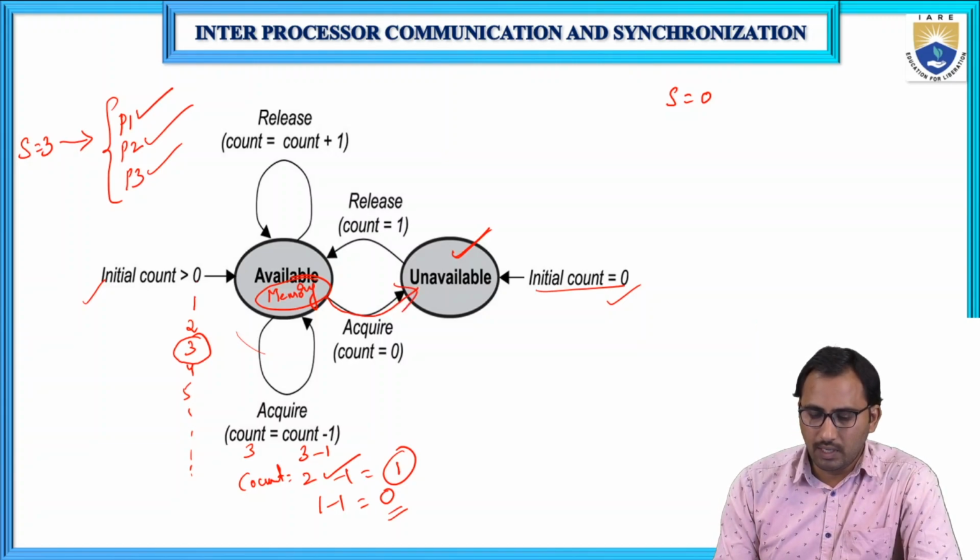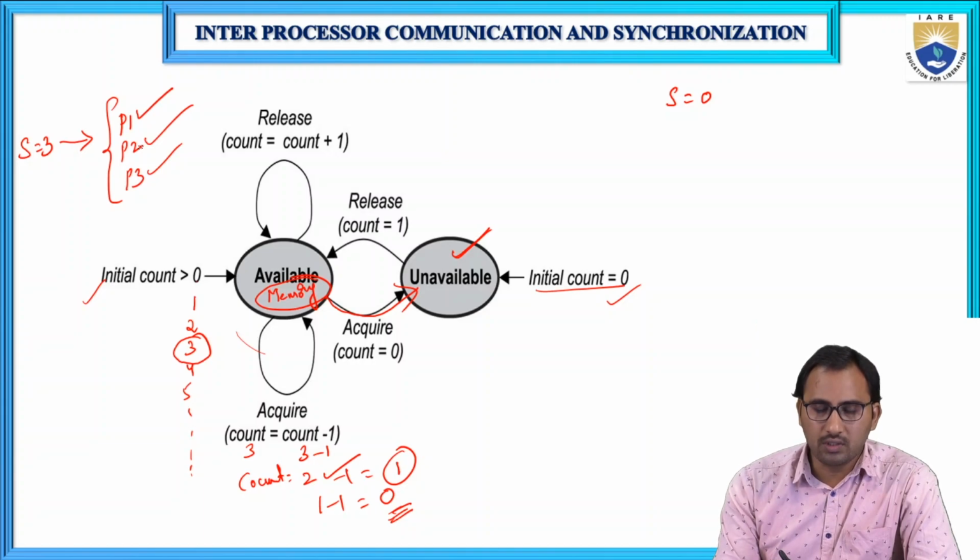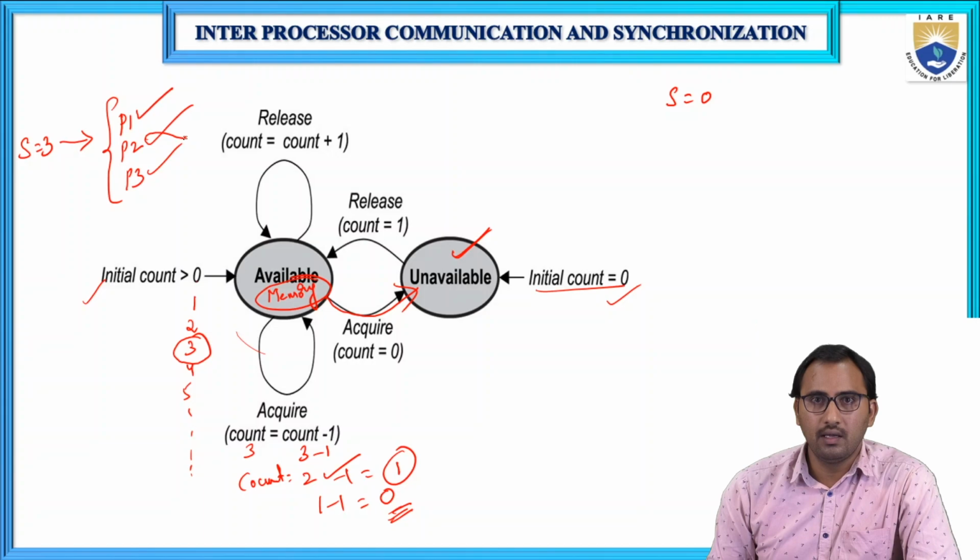Similarly, suppose all three processes are utilizing the resource, so the semaphore value is equal to 0. Suppose the process P2 releases the resource, then what will happen?